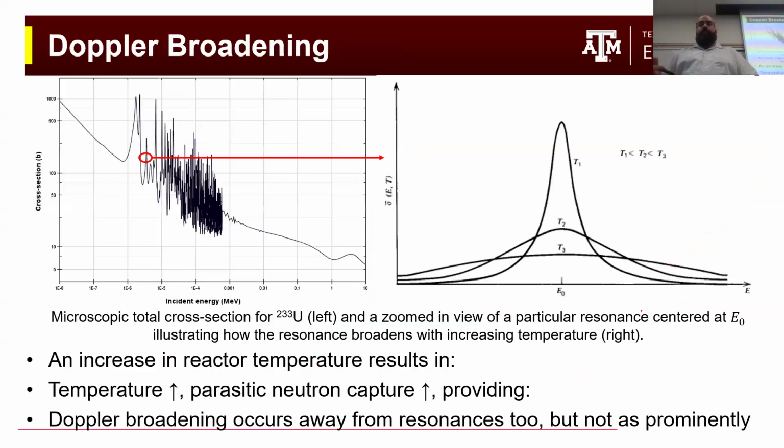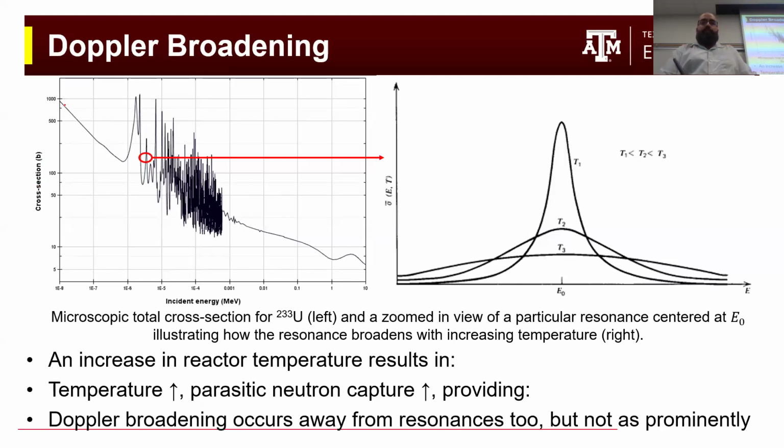The most important phenomenon that relates to the temperature dependence of these cross sections is called Doppler broadening. We saw last time, this would be a plot of a cross section of a nucleus.